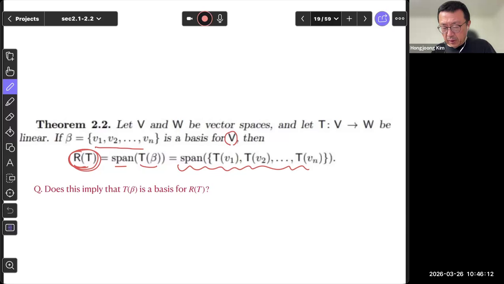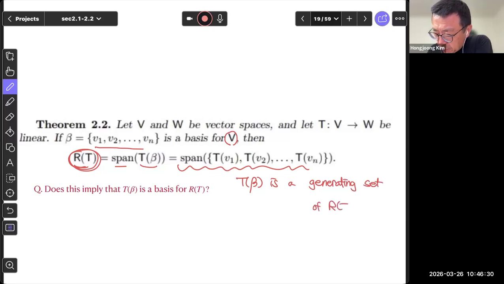Okay? And this theorem just says that T of beta is a generating set of the range. Then the question is, does this imply that T of beta is a basis for the range of T?